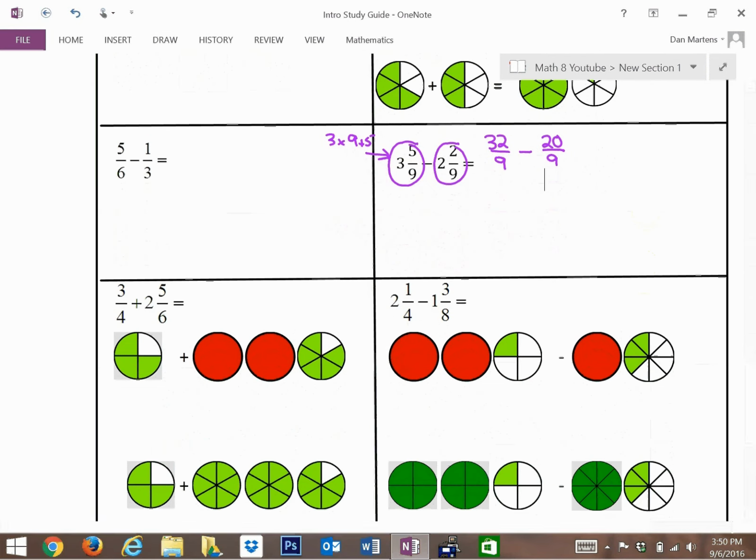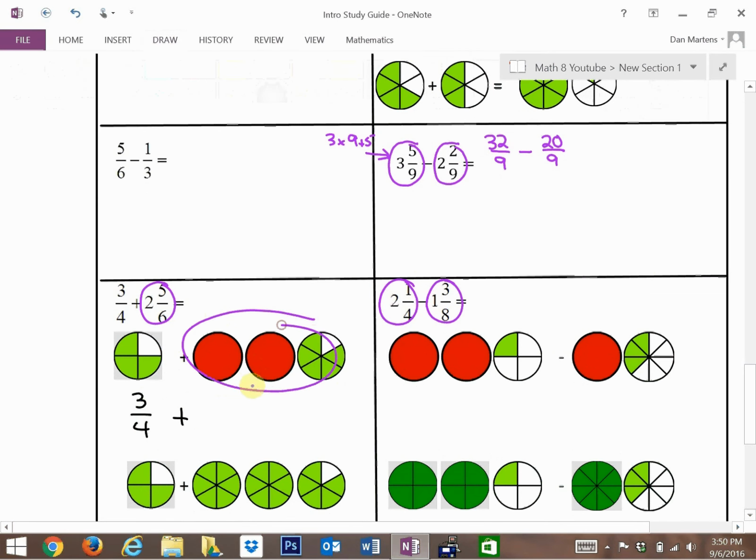And here's a few more mixed numbers that I see. If you convert them into improper fractions, it's just going to make these problems easier. So we'll leave the 3/4 alone, but we can then convert. You can see the diagrams here actually show the idea. We're going from 2 and 5/6, and we're going to break those wholes into sixths. So we have a total of 17 sixths.